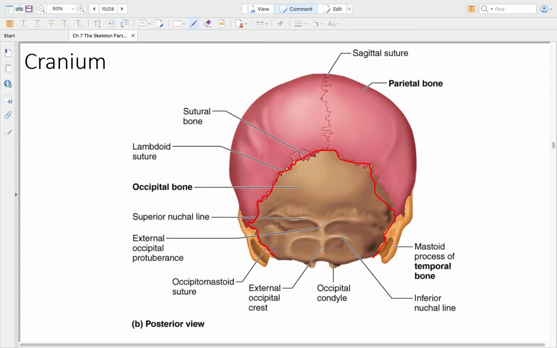Now the occipital bone encases the occipital lobe, of course, but it also has some pretty important bone markings. Let's start from the top and work our way to the bottom. So the superior nuchal line, this little ridge that's running across this bone, and it actually runs this way as well.